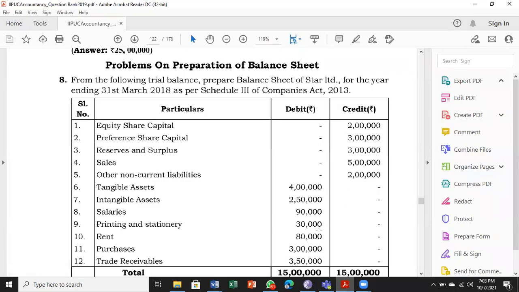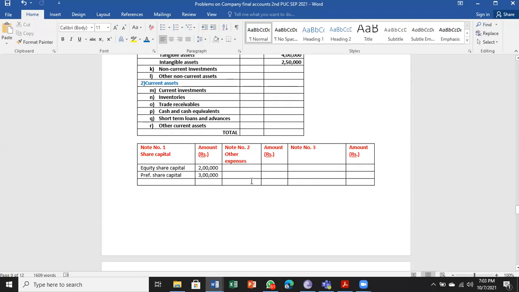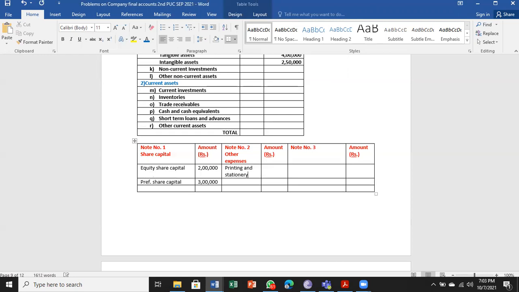Next, printing and stationery 30,000. Rent paid 80,000. So I'll go for other expenses. Note number 2. Printing and stationery 30,000.